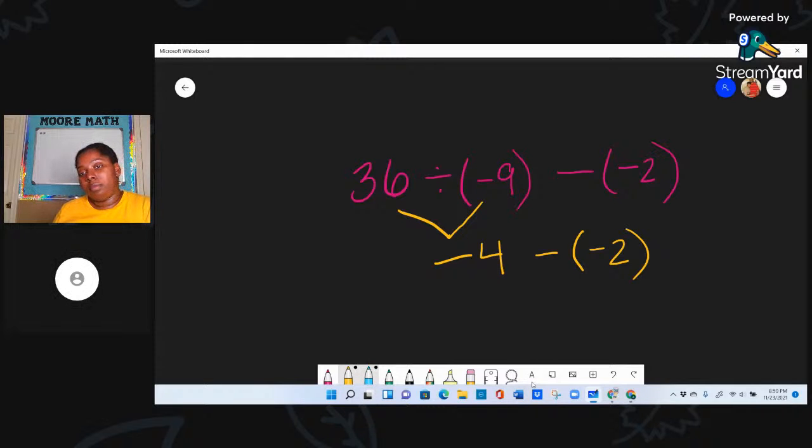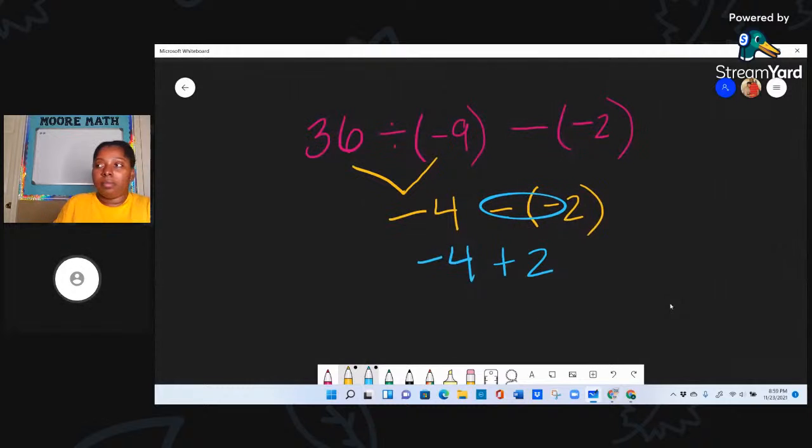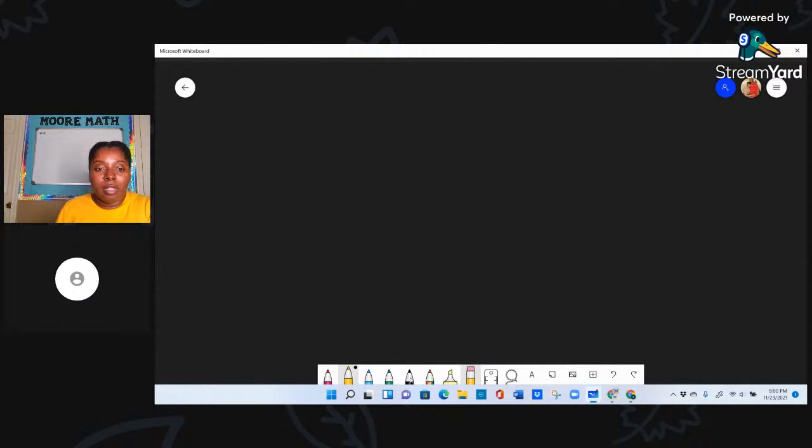Make the signs a positive. Good. Because what do we call this? A double negative. Good. Okay, now what? It's going to be negative 2. Excellent. You're really good with your adding integer rules. That was perfect. Okay, let's do it again.